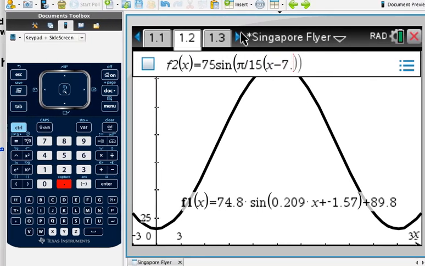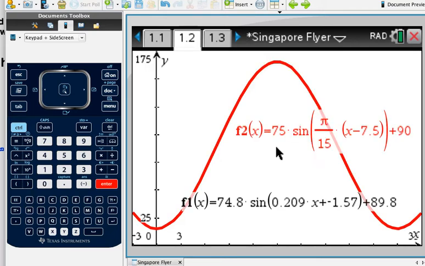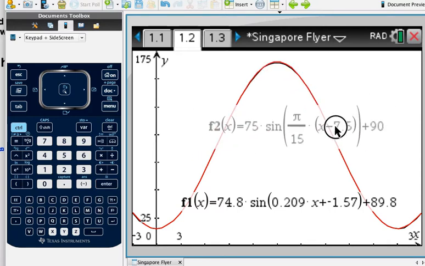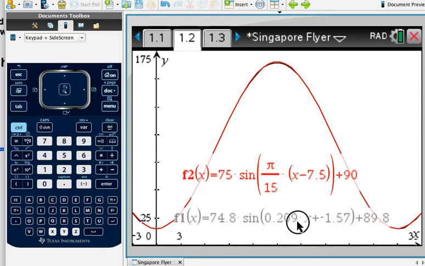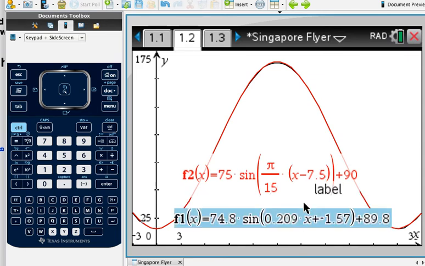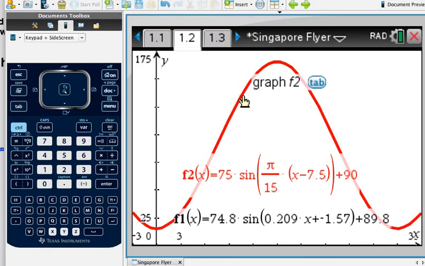So minus 7.5, close parentheses, and then plus 90 at the end. Okay, when you do that, even though our numbers look like they were really off, if you compare these, our numbers look completely and totally different, right?